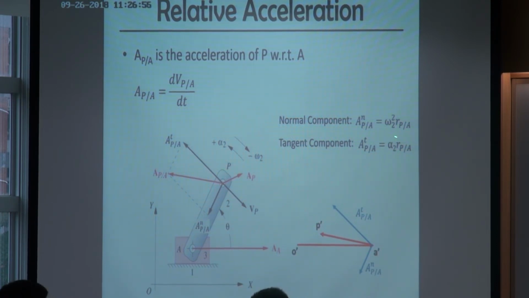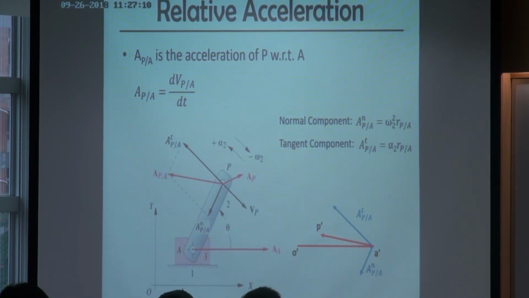So if we take a look at the representation or equations of the normal component and the tangent component: the normal component, or centripetal component, is basically omega squared times the length or the radius.